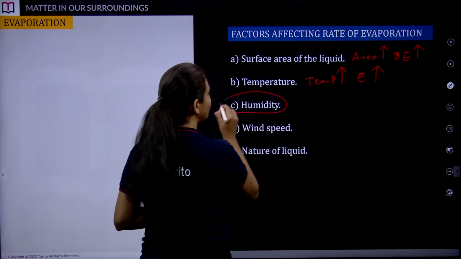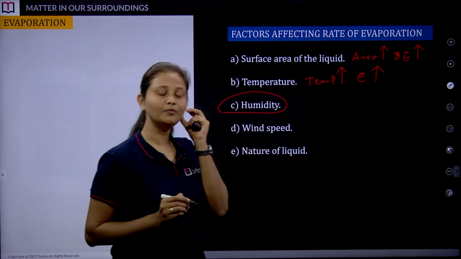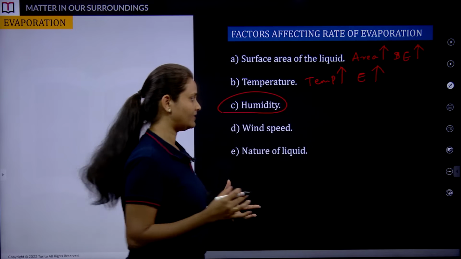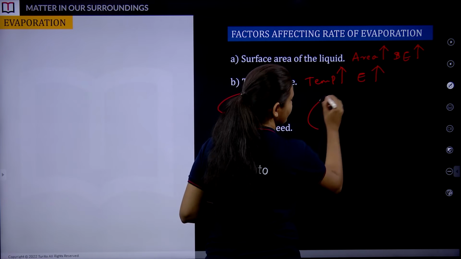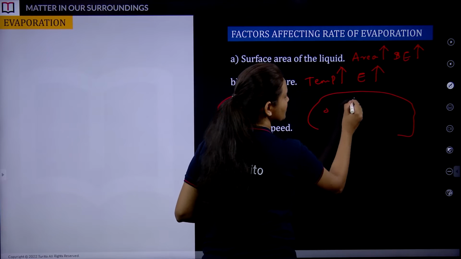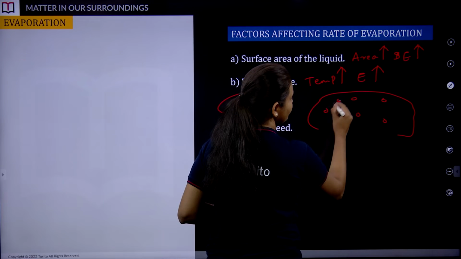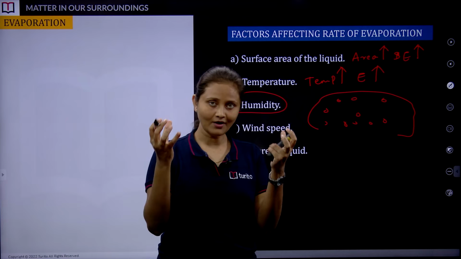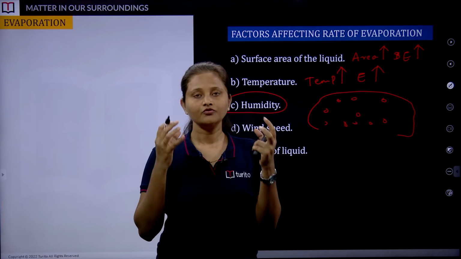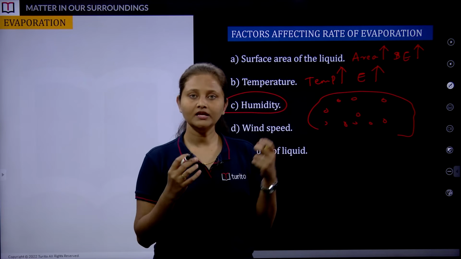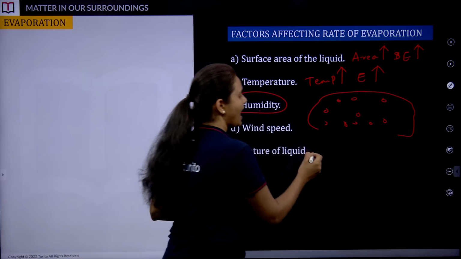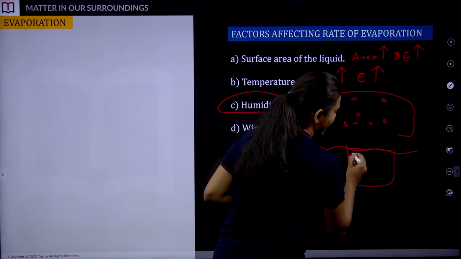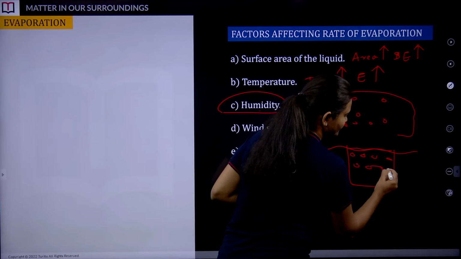Then let's talk about humidity. Humidity is nothing but the water content in the air at that particular temperature. Suppose this is air, imagine, and it has some water molecules. Air has its own limit to hold water inside it, so its maximum water content is what we call humidity. And suppose this is the cloth, and it has water molecules. Of course, it's a wet cloth.